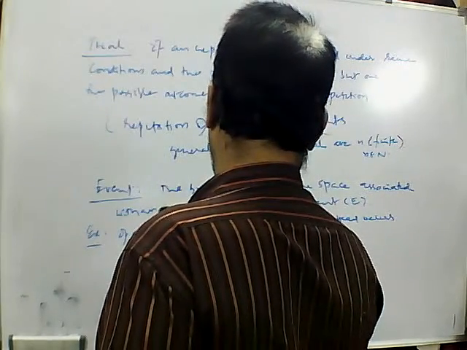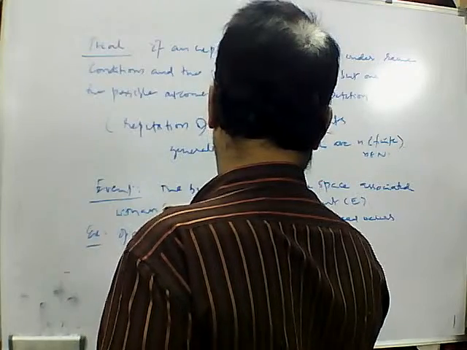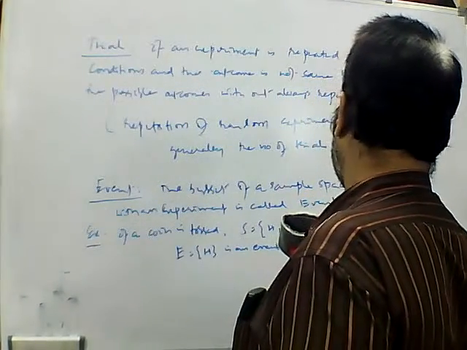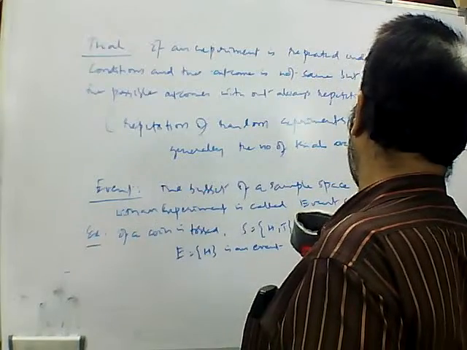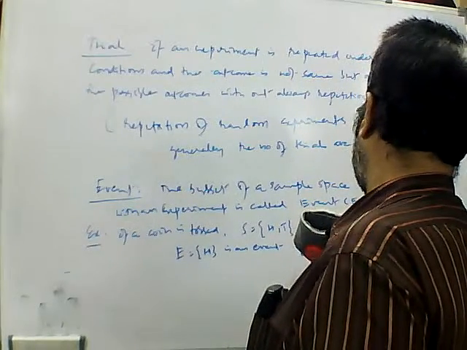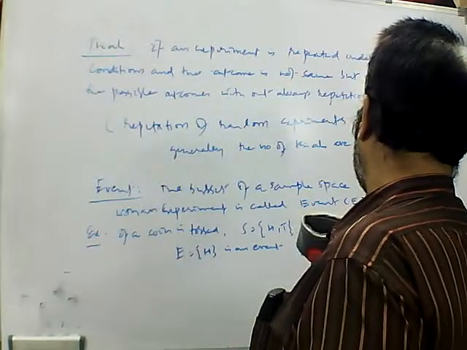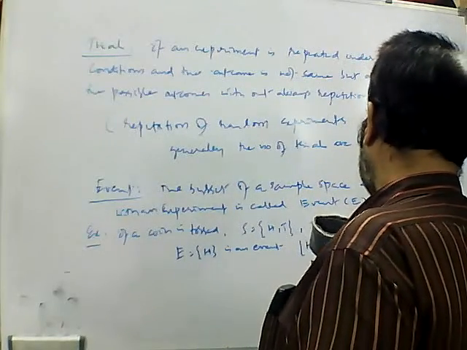E is an event. Head is a subset of {H, T}. So E is a subset of S, right?